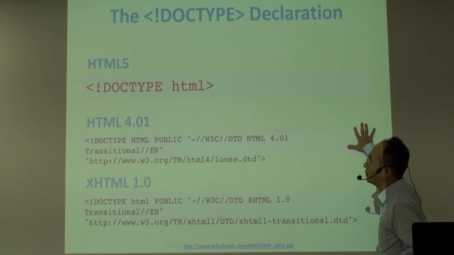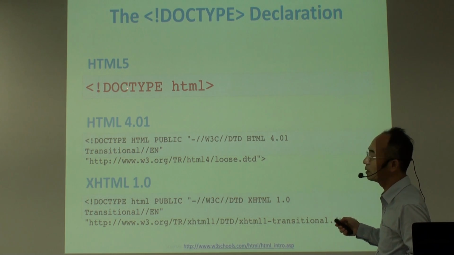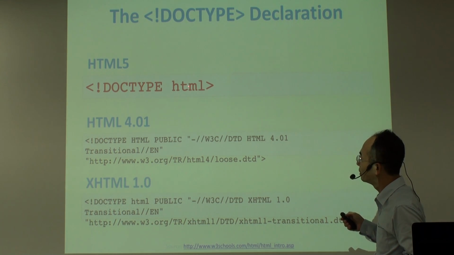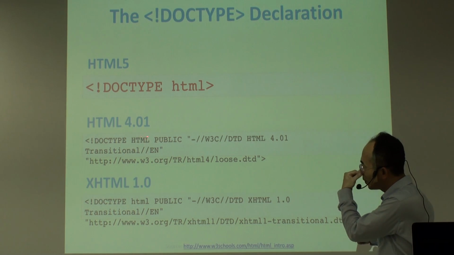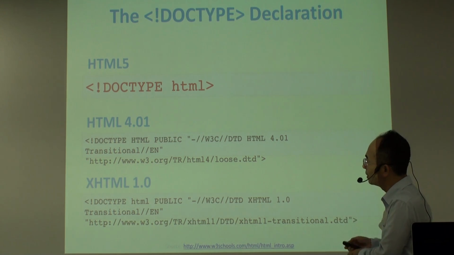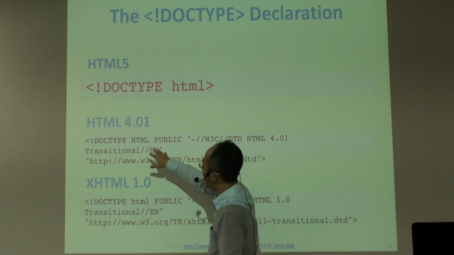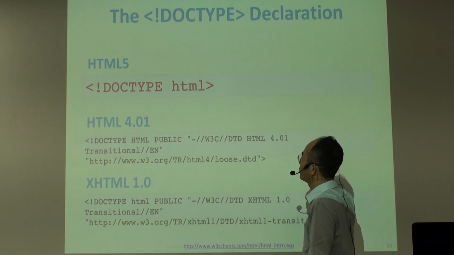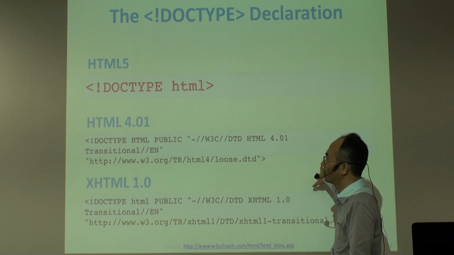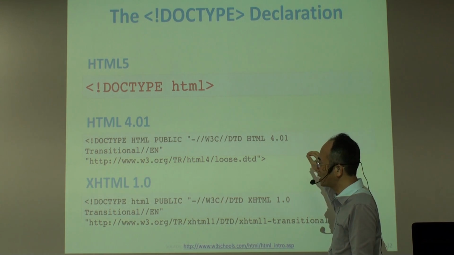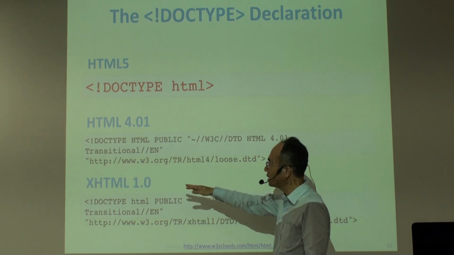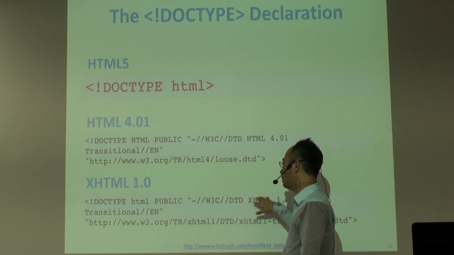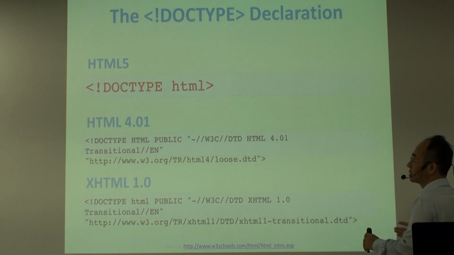Here is the doctype declaration. For HTML5, the declaration is pure, like this: doctype html. For HTML 4.01 it is doctype html public, wow, a lot of W3C, HTML 4. A lot of things you have to specify. And for XHTML 1.0, you also have to specify a lot of things.